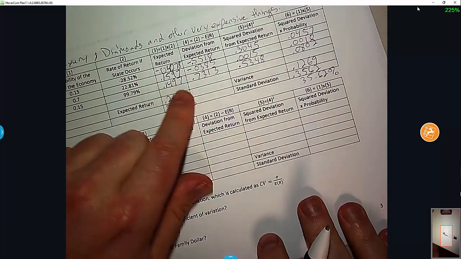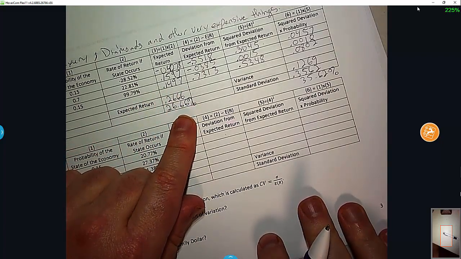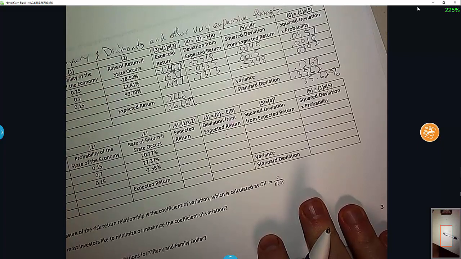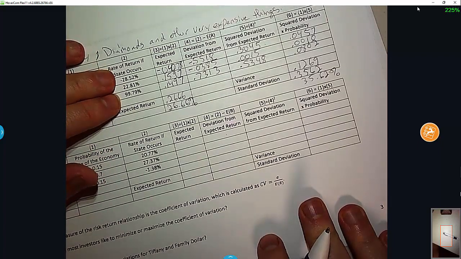So that's quite a large standard deviation. But it makes sense because of the range of my outcomes here. The range of my possible outcomes for Tiffany is almost 130%, depending on the state of the economy. So that's going to give us a fairly large standard deviation.